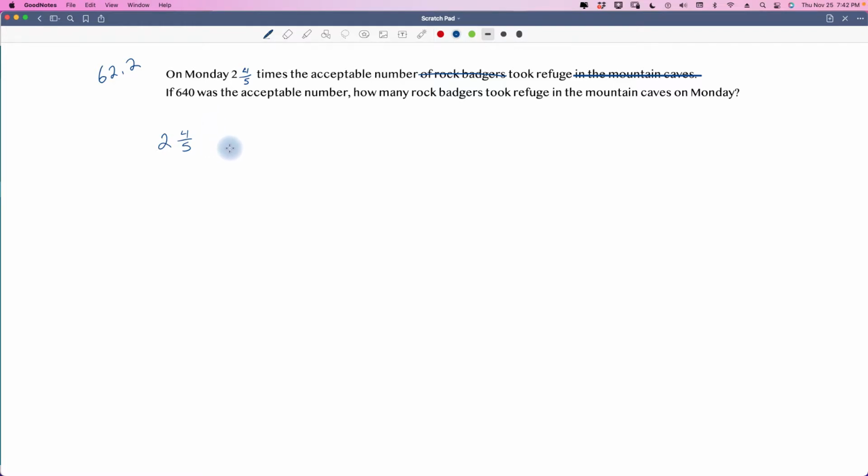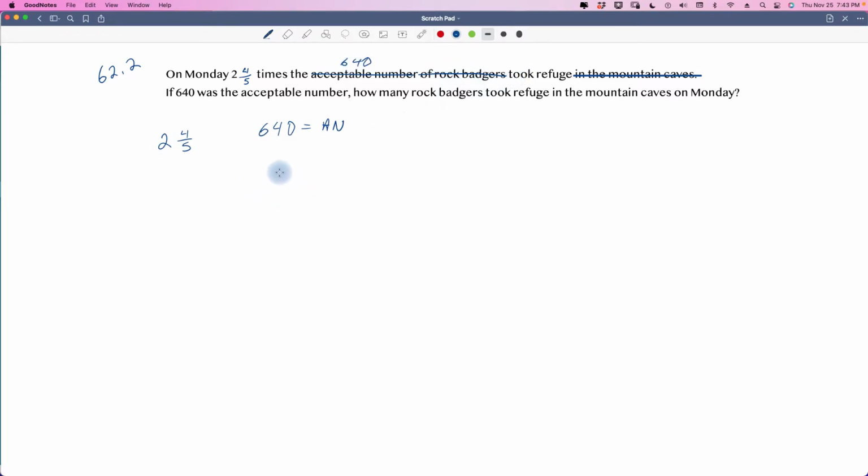So what we're going to do is we're going to set this up. If this is the acceptable number, then you can take this out and put 640 over the top of that, right? Because 640 equals the acceptable number, the AN. So we could put that in here. 2 4/5 times 640 equals what?